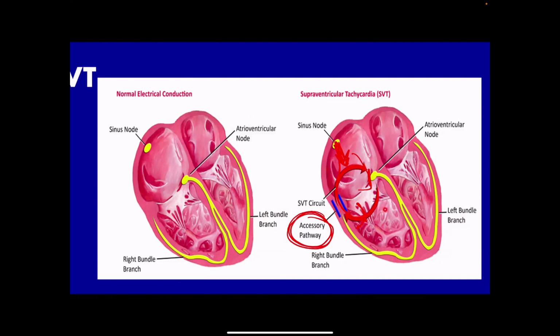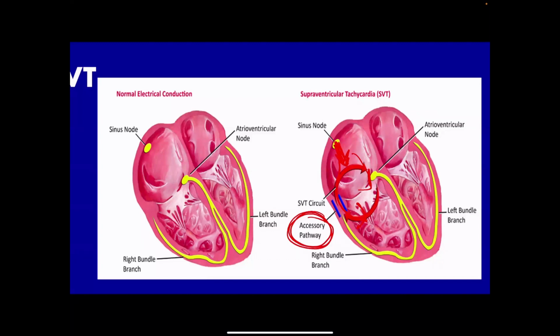And why is the QRS complex wide? Because now the ventricles are contracting because of a different impulse. It's not the normal sinus node, then AV node, then bundle of His, left bundle branch, right bundle branch, Purkinje. It's not the normal system. It's going through a different accessory.